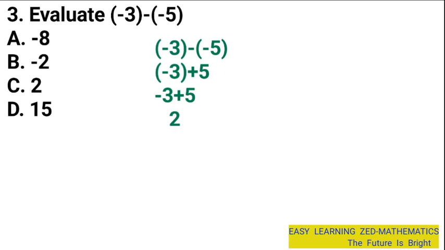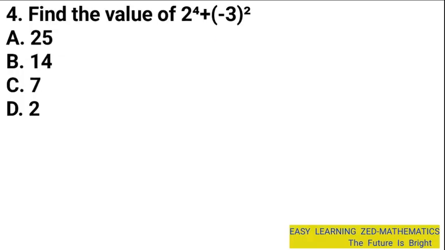Let's go to the next question. Question 4 was as follows. Find the value of 2 raised to the power of 4 plus negative 3 raised to the power of 2. I'm going to rewrite this expression down.